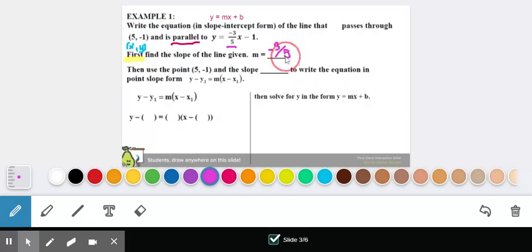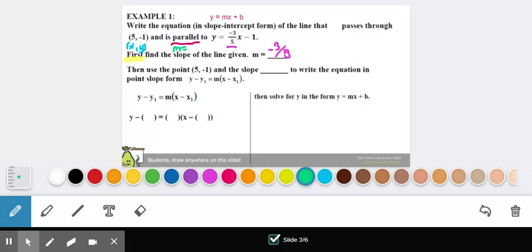Now they want me to use the point (5, -1) and the slope to write the equation in point-slope form. Well, they didn't give me a slope for my new line, but they gave me a clue. They told me that it's parallel. And I know that the keyword parallel means my slopes are going to be equal.